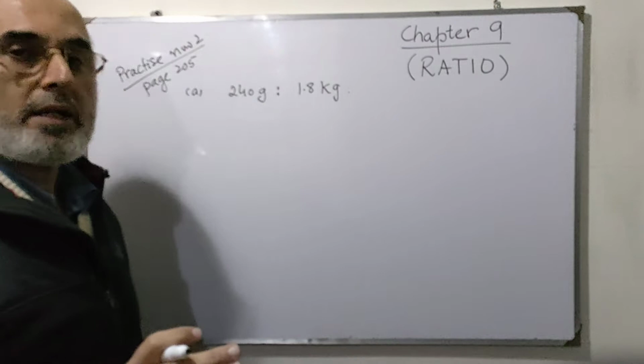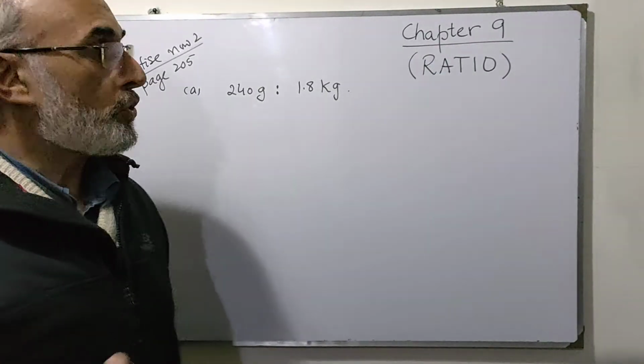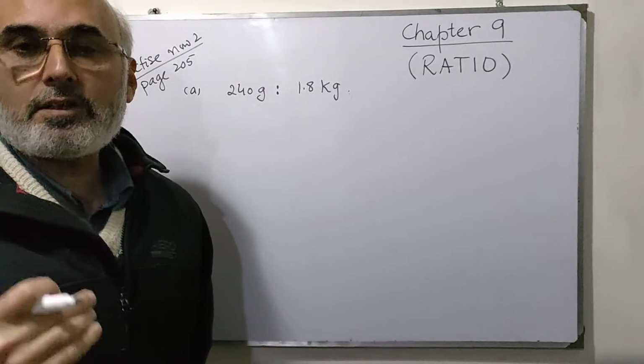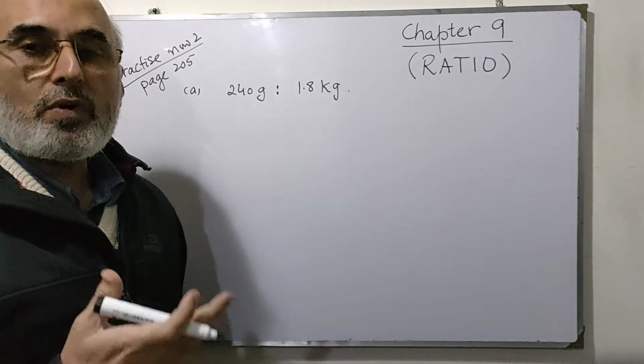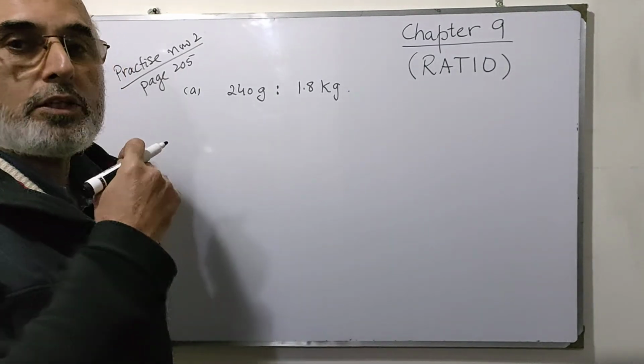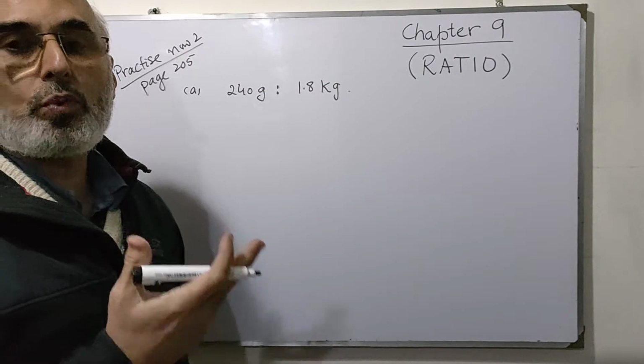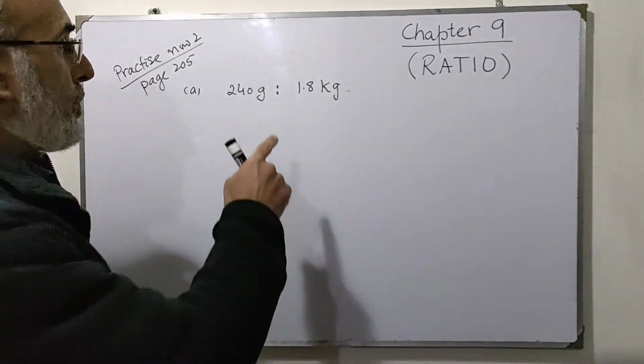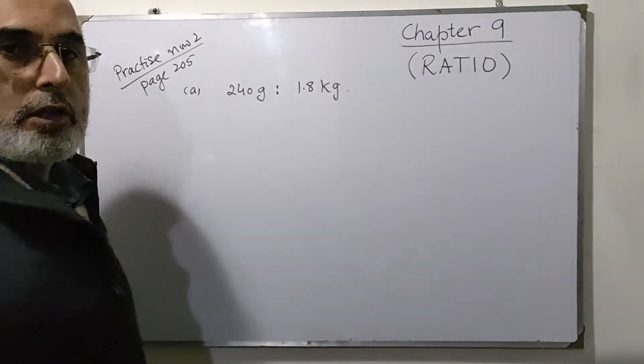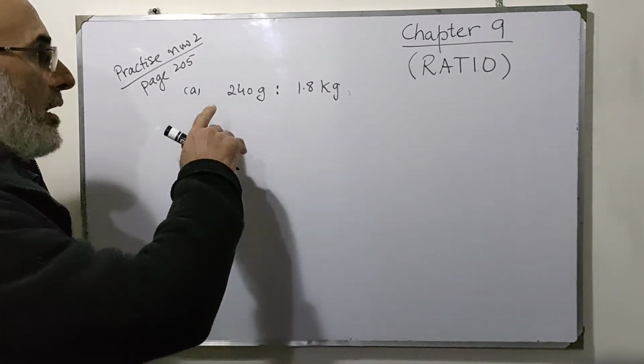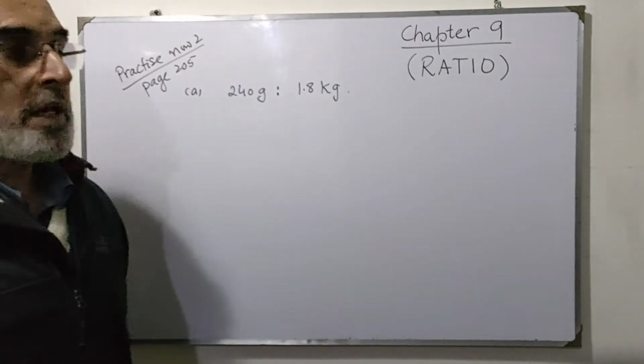So the unit of measurement is not the same. So our comparison is not correct. So first thing is we have to make sure that the unit of measurement of both the quantities is the same. Now either we can have both the quantities in kilograms or we can have both the quantities in grams.